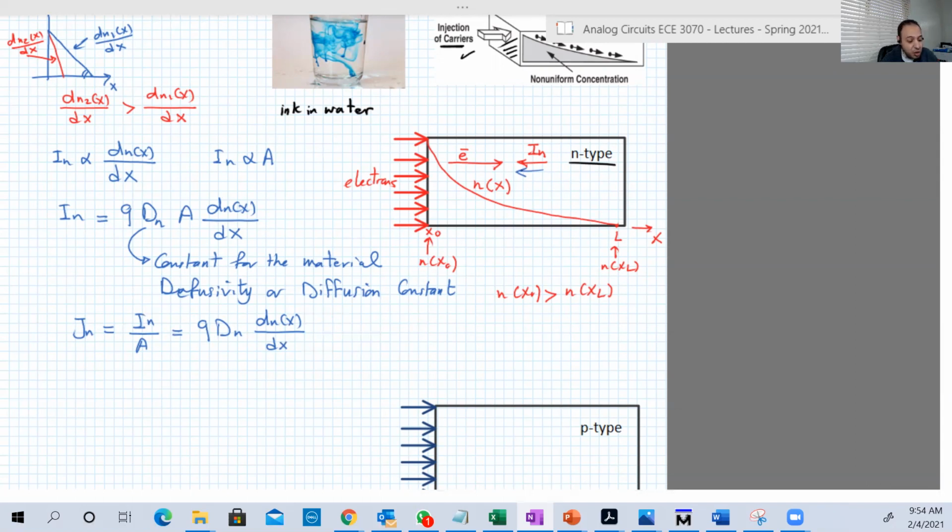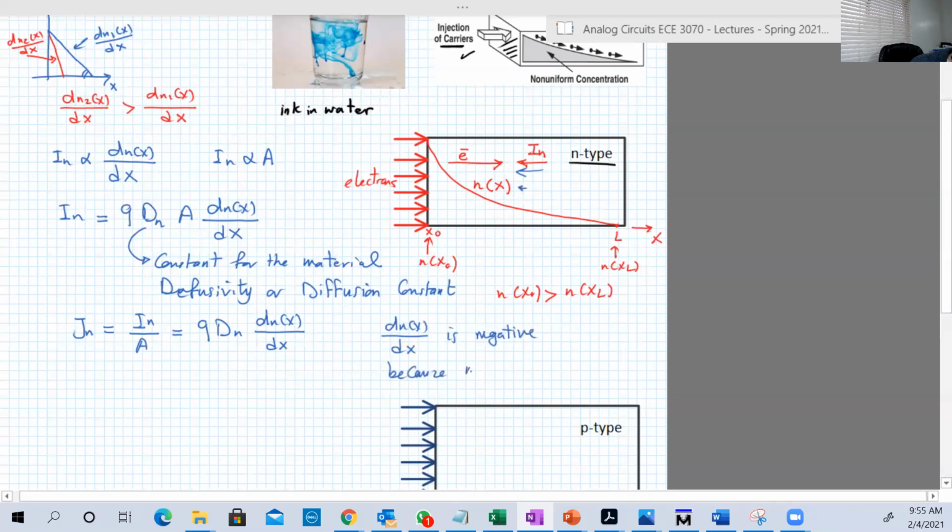Basically because if we look at n of x here, n of x is decreasing with x, and if you have a function that is decreasing with x, then its derivative with respect to x would be negative. Good. So this is In and this is Jn.